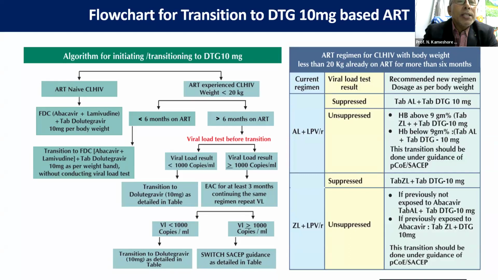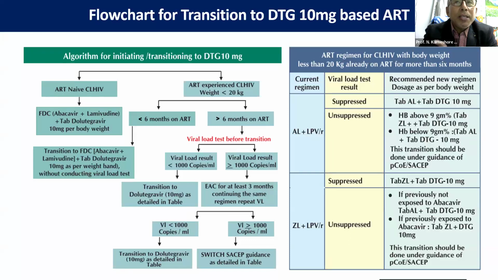If it is ART naive HIV, then we give abacavir, lamivudine, and dolutegravir as per the weight band. So this is very important. If the child is ART experienced, weighing less than 20 kg, then we have to see how long the ART is being given.